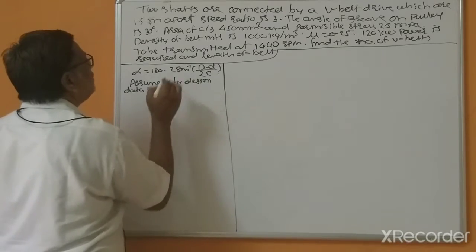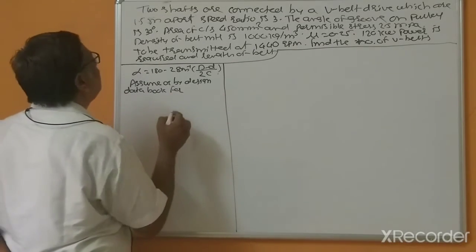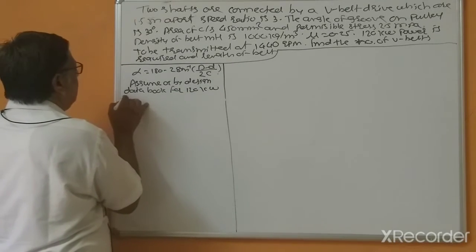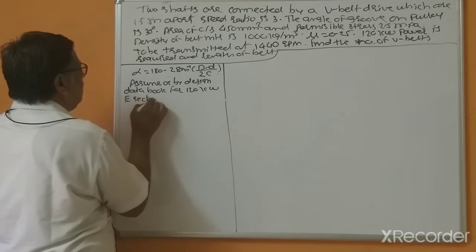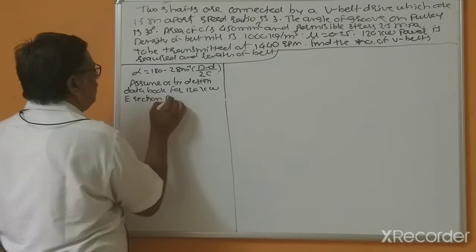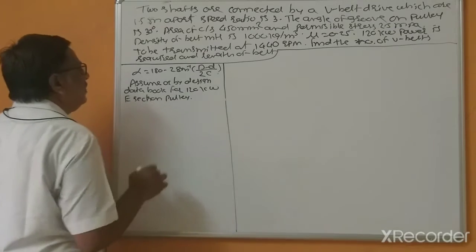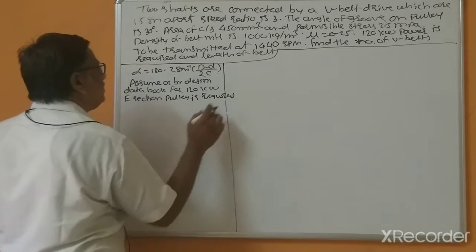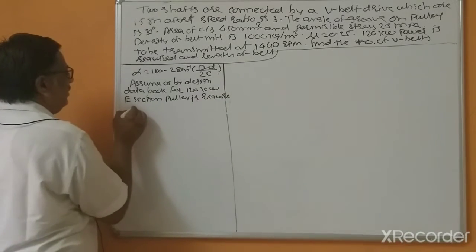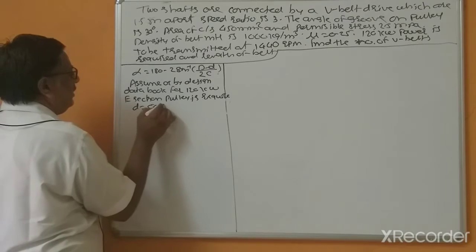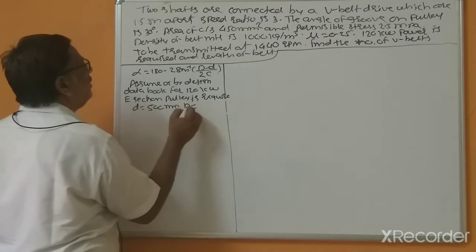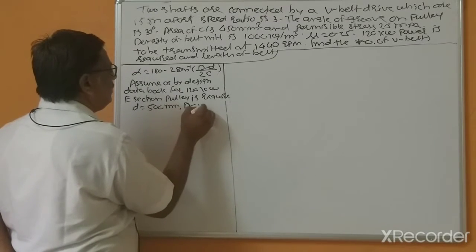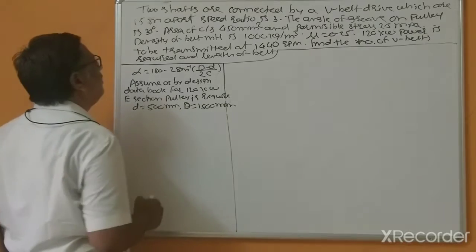Because more power is to be transmitted, 120 kilowatt, E section pulley is required. So small d equal to 500 mm and capital D equal to speed ratio 3 times that, so this is 1500 mm.